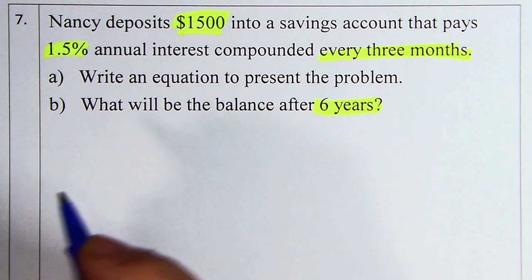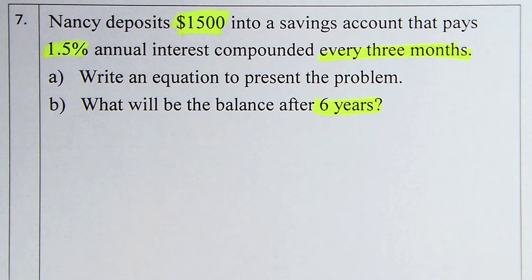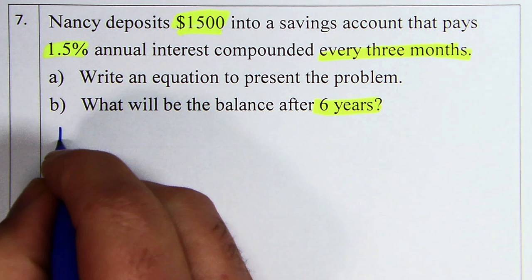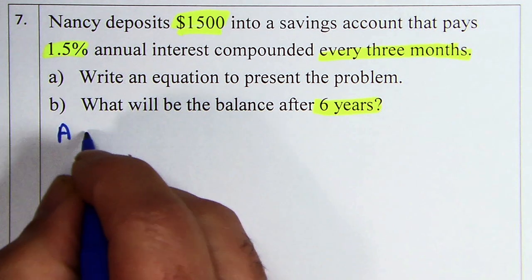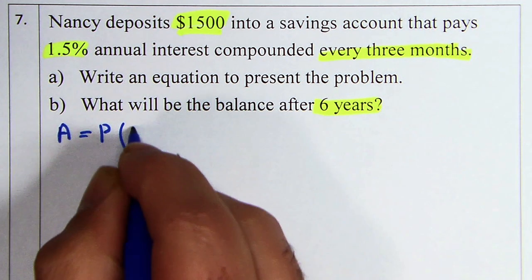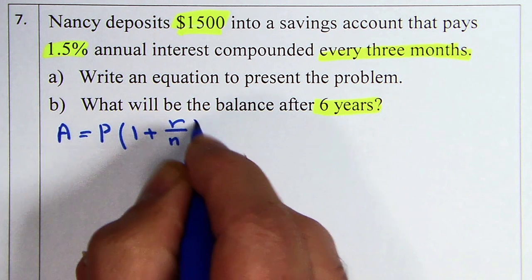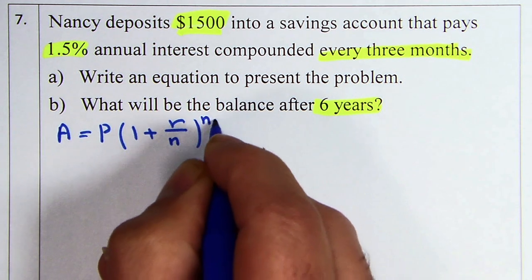So we have the formula A equals the principal multiplied by 1 plus r over n to the power nt.